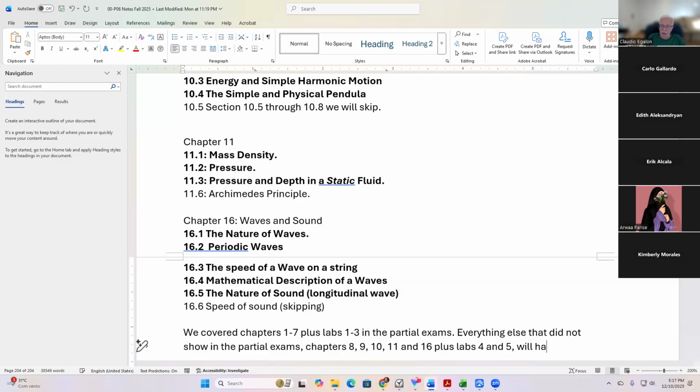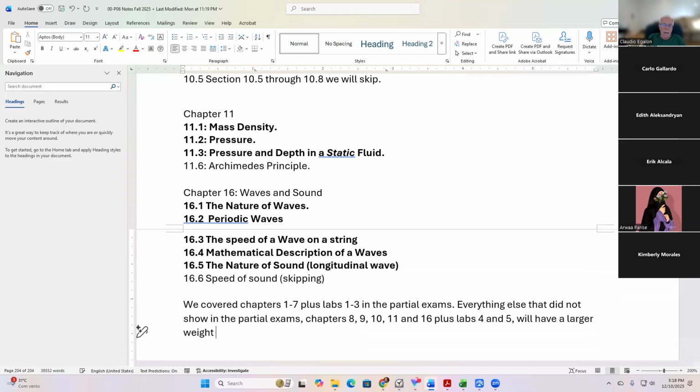We will have a larger weight in the final exam. Approximately 50% of the questions will be on these chapters, and the other 50% on chapters 1, 2, 3, 4, 5, 6, 7.